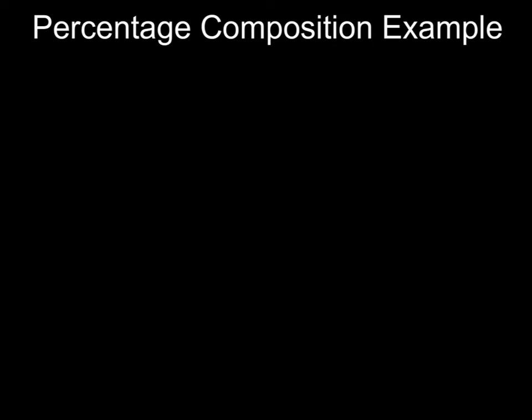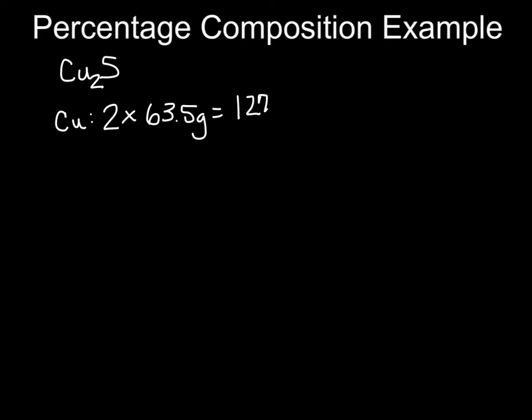So we're finding the percentage composition for copper 1 sulfide, Cu2S. Okay, so the first thing we're going to do is find the molar mass. In our compound, we have 2 atoms of copper, so I take 2 times my atomic mass for copper, which is 63.5 grams. 2 times 63.5 is going to give me 127.0 grams of copper.